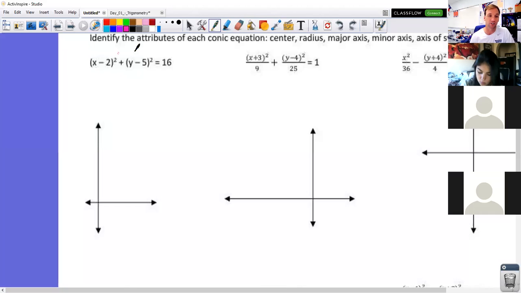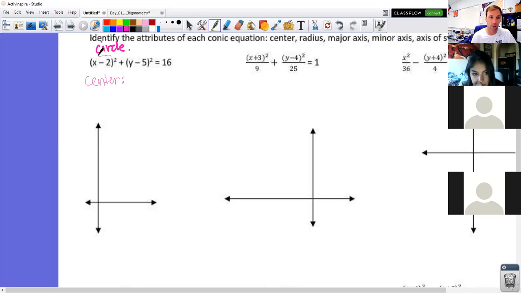So our first equation is (x minus 2) squared plus (y minus 5) squared equals 16. So hopefully you are able to recognize this as being a circle, because this is the standard form for a circle. So there are 2 things we need for our circle. The first is our center.